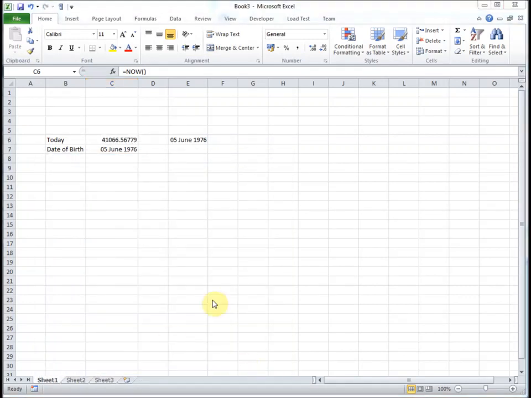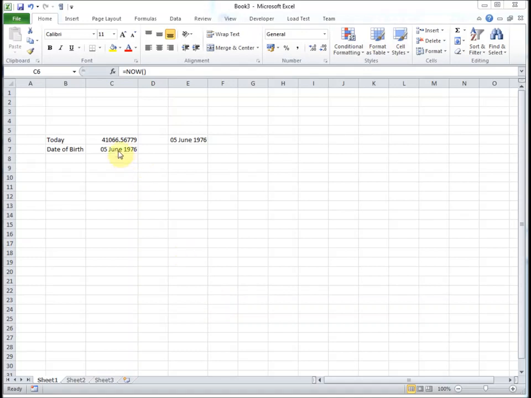Internally, Excel believes that today's date is 41,066.5 as a number. What is the number? Actually, it is the number of days that have elapsed between the 1st of January 1900 and today. All dates in Excel are internally held as a number from a reference point of the 1st of January 1900.